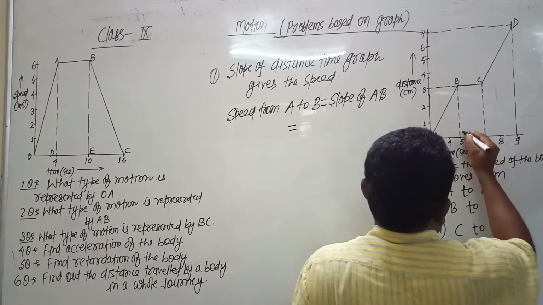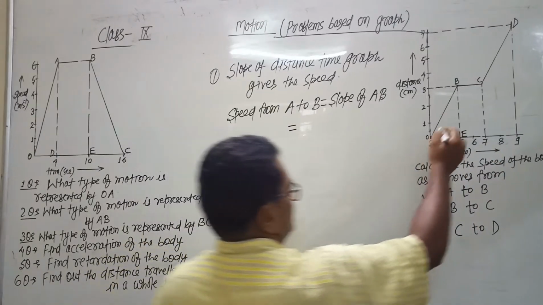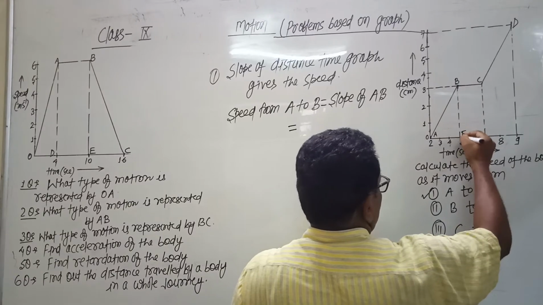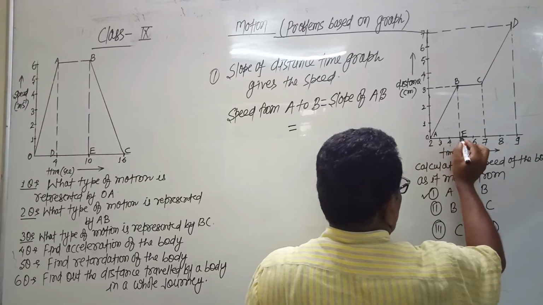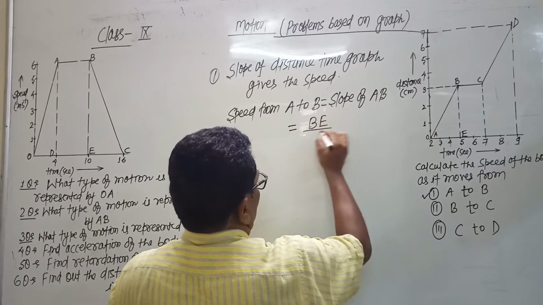Name the point E. So the slope of AB is given by BE by AE.